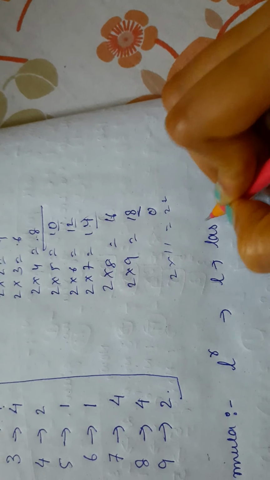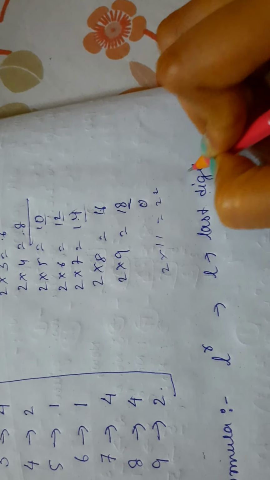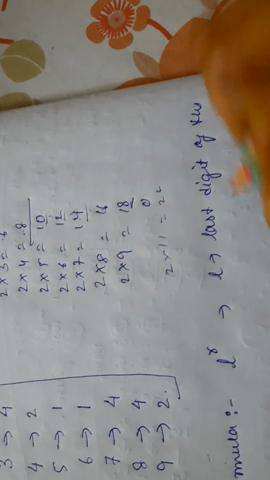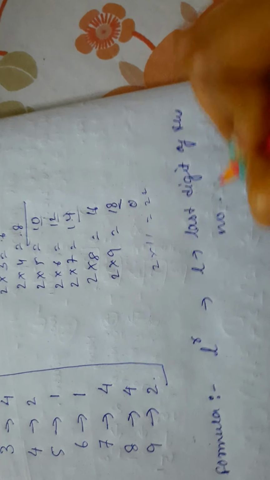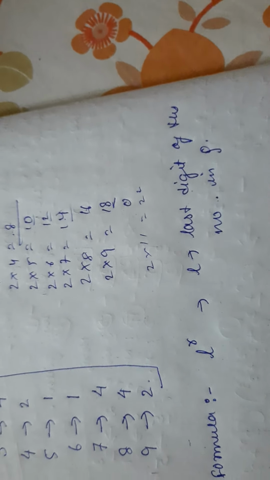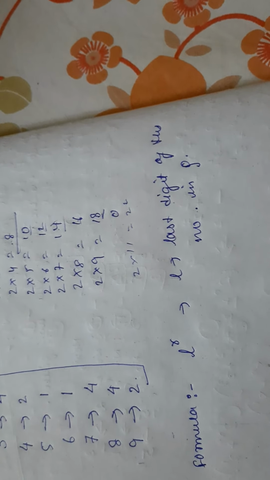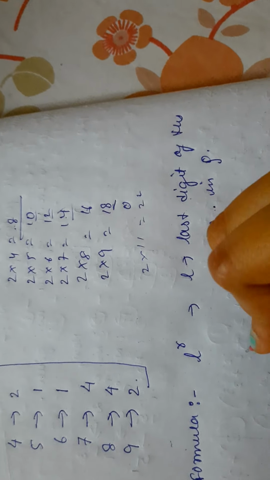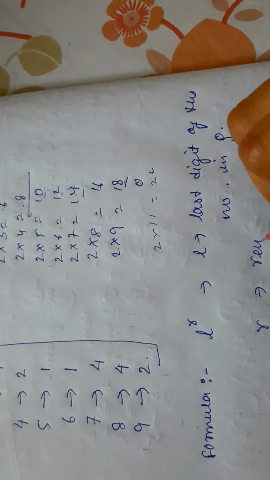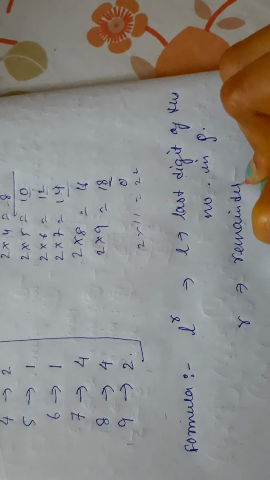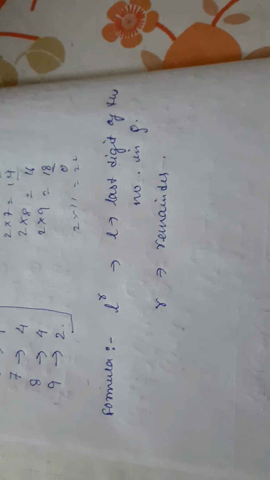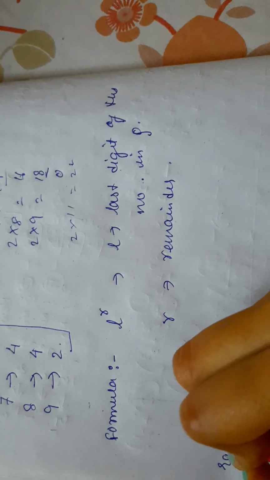L is the last digit of the number given in the question, and R is the remainder.